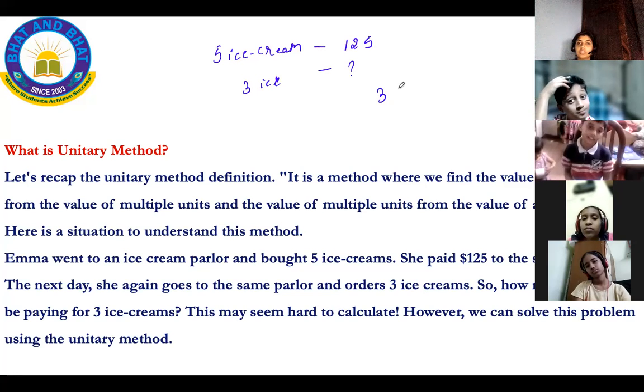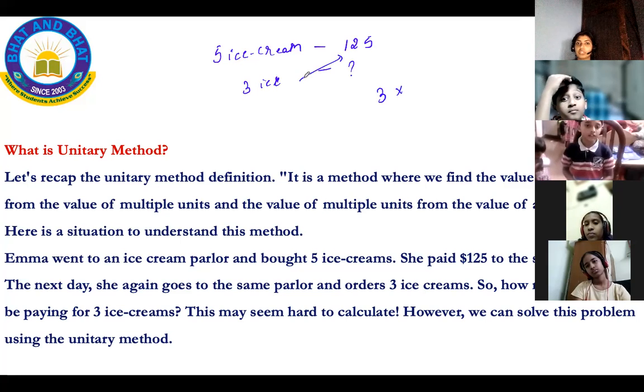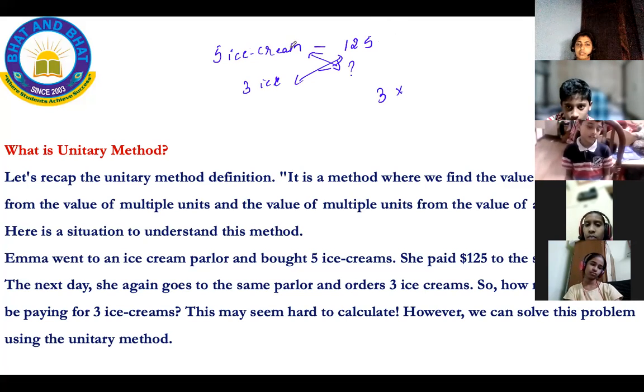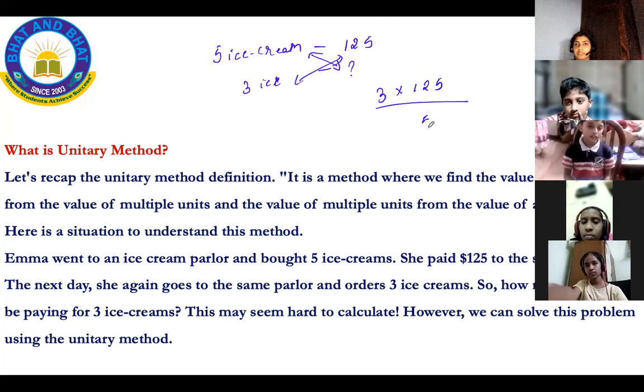So what we do is cross multiply. We will do 3 into 125 divided by 5.